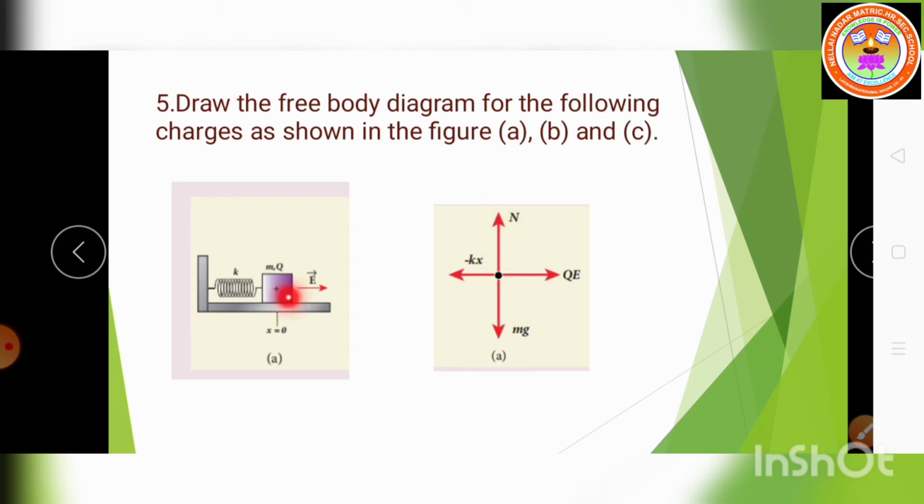Here, for the charge, the electric field is acting in an outward direction. So the force due to the electric field, we know the formula, is QE, acting in an outward direction. Now what about the spring? The spring force, we know the formula, is Kx. It is acting in the opposite direction, so we write minus Kx. Understand?